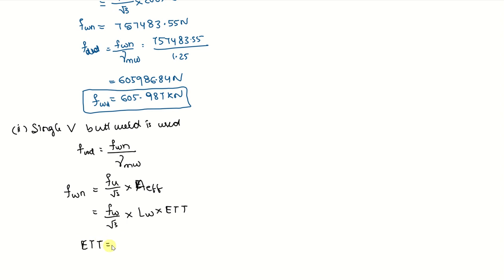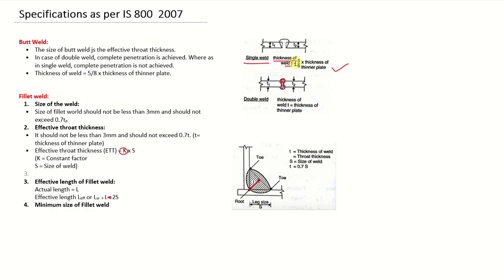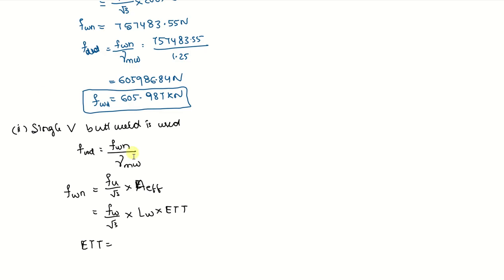For a single weld with incomplete penetration, as given in the specifications, the effective throat thickness is 5 by 8 into the thickness of the thinner plate. That is 5 by 8 into 16, equal to 10 mm.